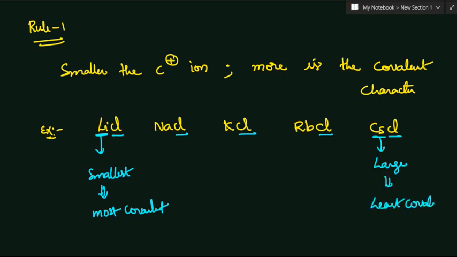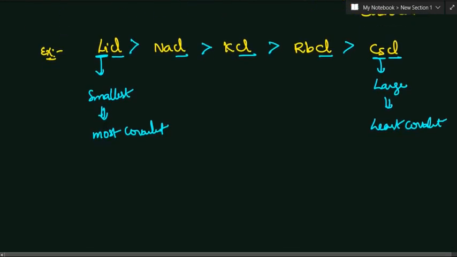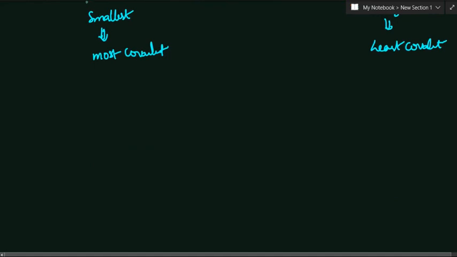So what will be the order of covalent character? Smaller the cation, more is the covalent character. So therefore covalent nature decreases, and ionic nature will increase. So if the question is asked which one is most ionic, then we can give cesium chloride as the answer. So this is the rule number one.